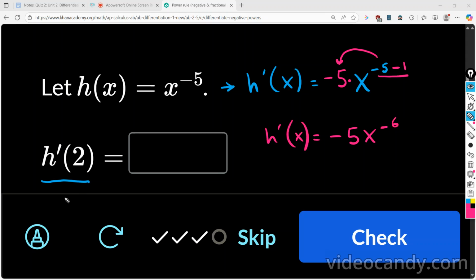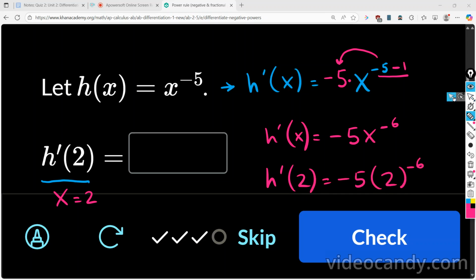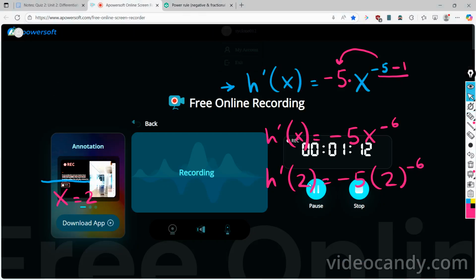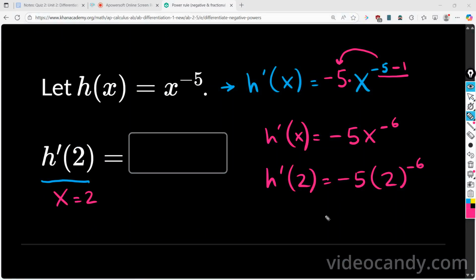If we want to find the slope at x equals 2, we're just going to plug in x equals 2. So h prime of 2 equals negative 5 times 2 to the negative 6.